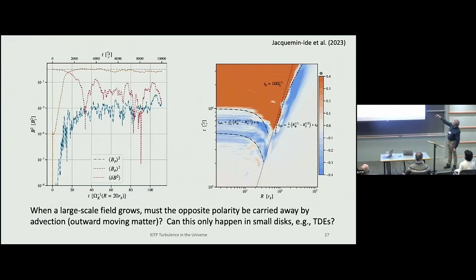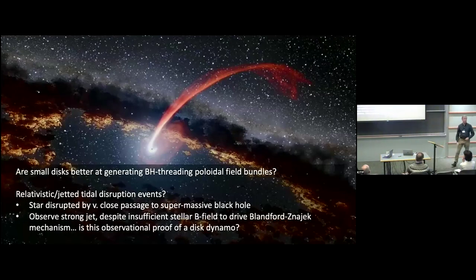And one interesting thing here, which I hadn't quite caught onto before the nice analysis by Jonathan, is, of course, what happens to the other flux, the other polarity? Well, in these runs, it literally gets vectored outwards. The outer part of the disk is spreading out, and that carries polarity with it, which suggests that this might work for very small disks, not for big disks. So maybe this could work, for example, for relativistic TDEs, but not for AGN.